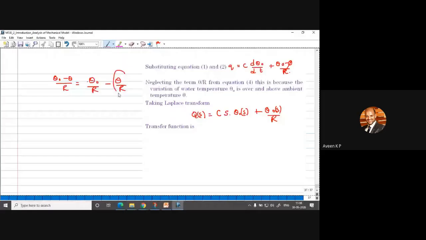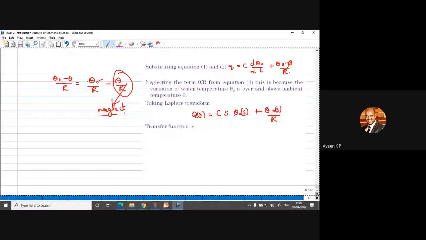That is the reason we neglect this, and we write in terms of C into S into theta naught of S plus theta naught of S by R.